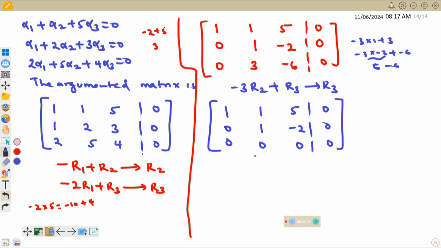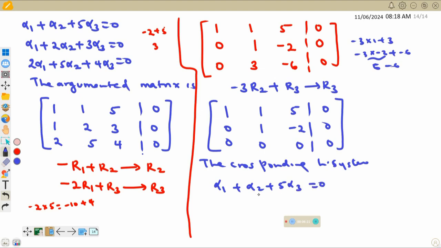So looking at this, we can see it implies this system has infinitely many solutions, because the corresponding linear system will be alpha 1 plus alpha 2 plus 5 alpha 3 equaling 0.